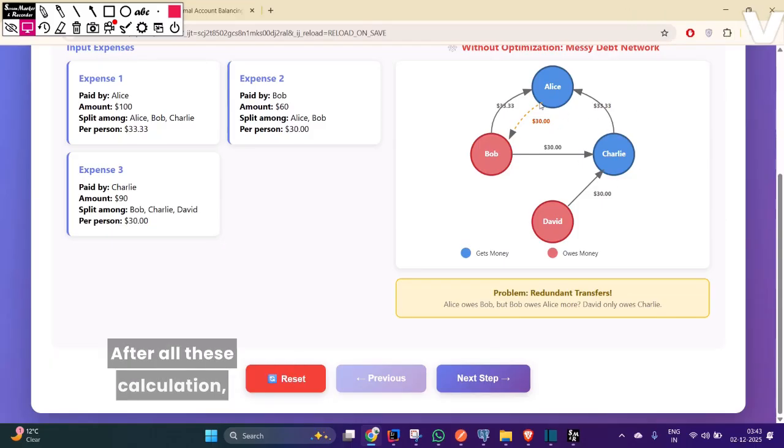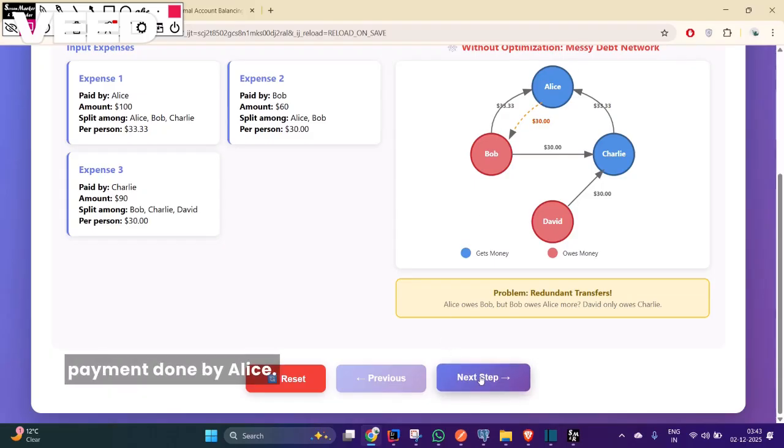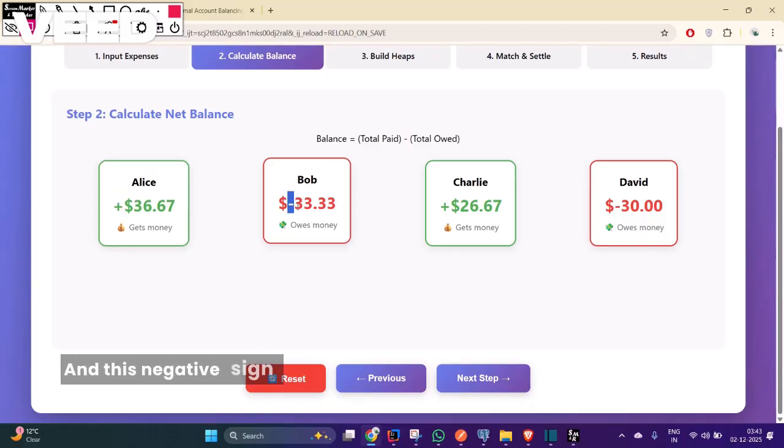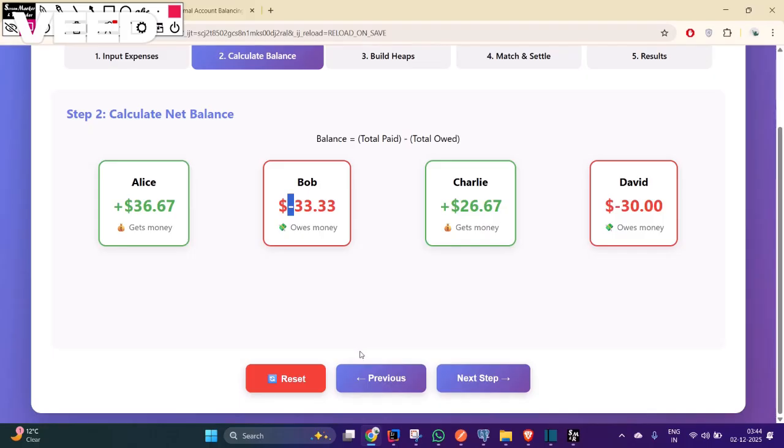After all these calculations, I'll calculate the net balance of Alice. That comes out to be 36.67. The positive sign denotes that at last Alice wants money, and the negative sign denotes that Bob has to give money. We don't know to whom they have to give. We only know that they have to give money to someone and they have to take money from someone.